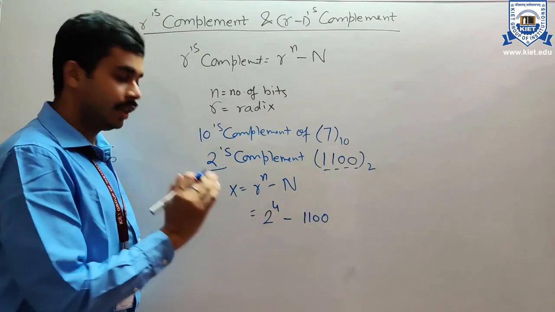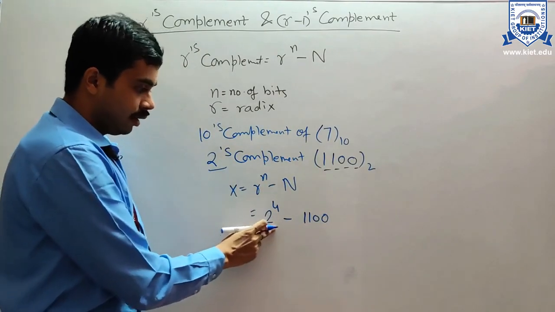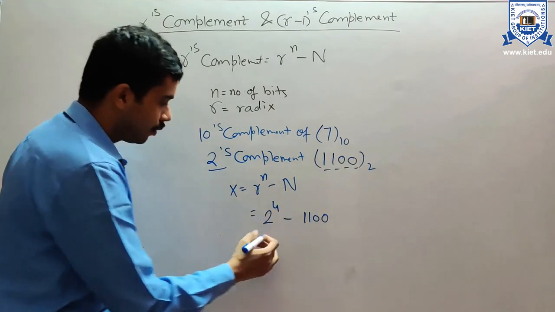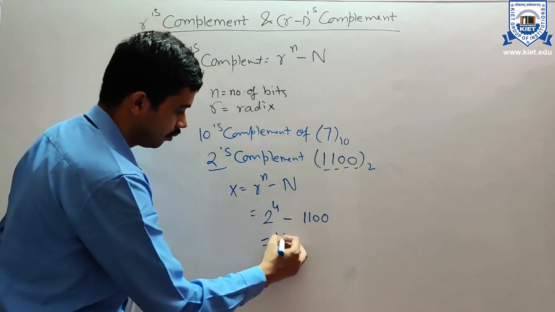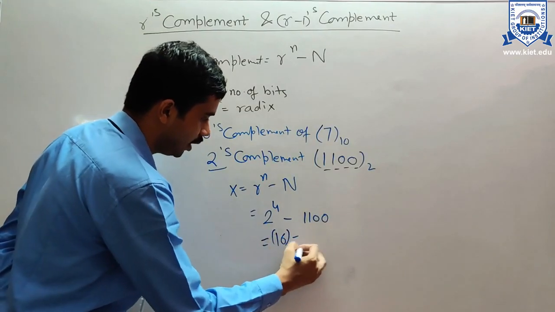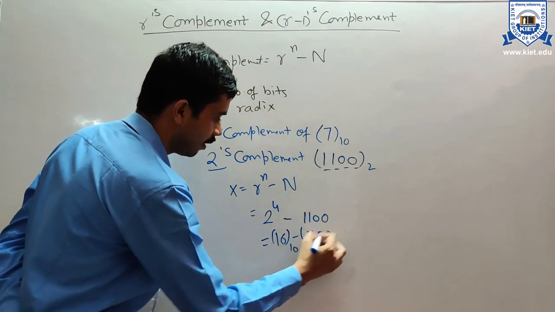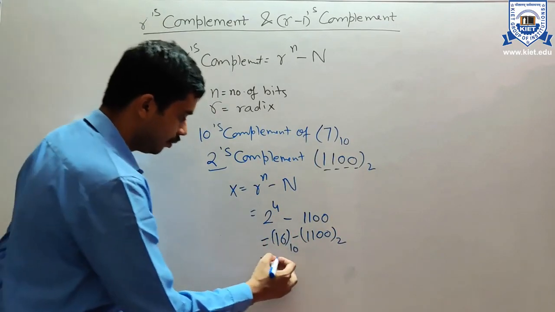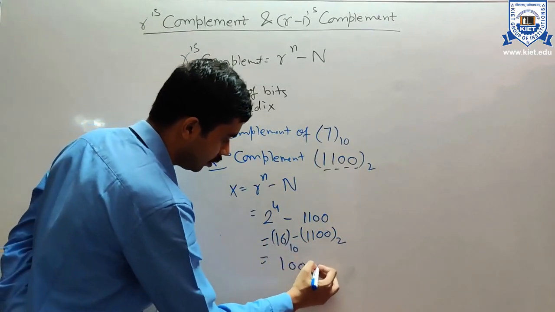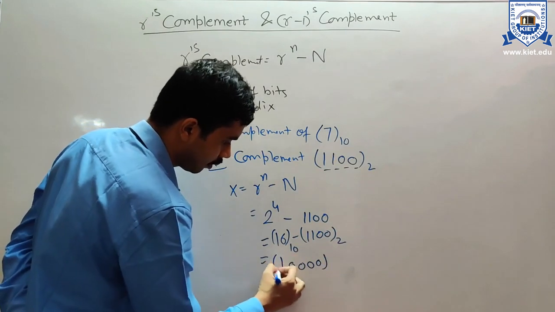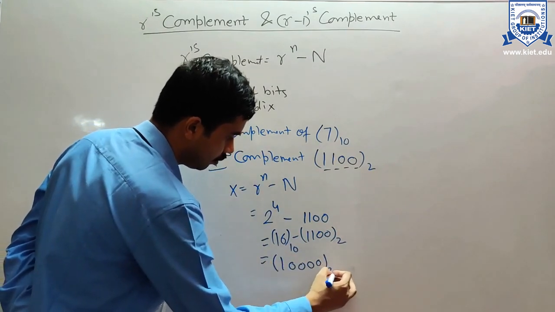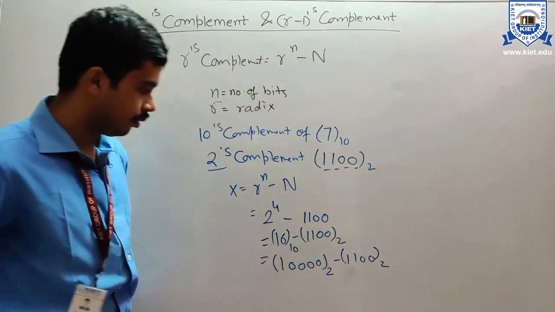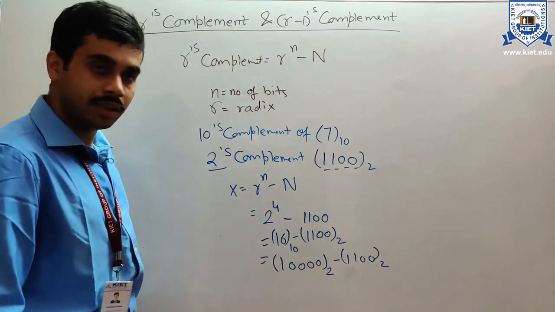But here 2 to the power 4 is in decimal form. We have to convert it into binary form first. So 16 base 10 minus 1100 base 2. Converting it into our binary system, it will give 10000 base 2 minus 1100 base 2. What will be the answer?